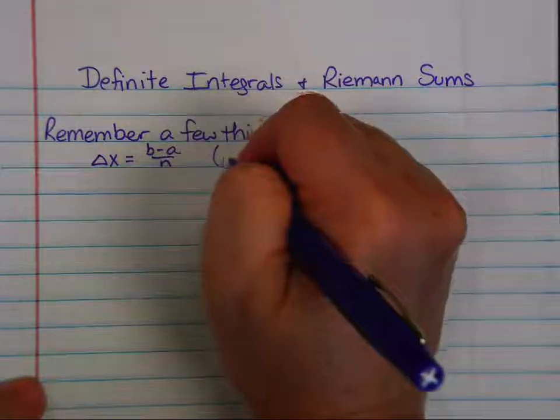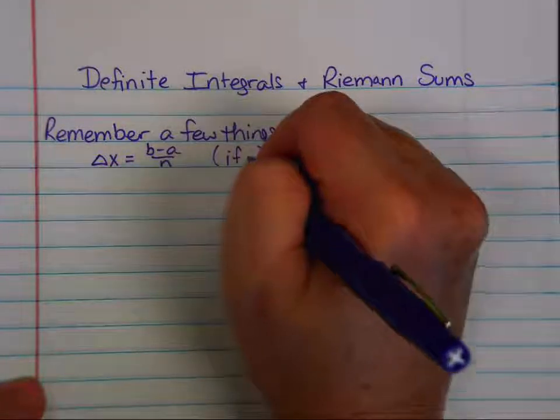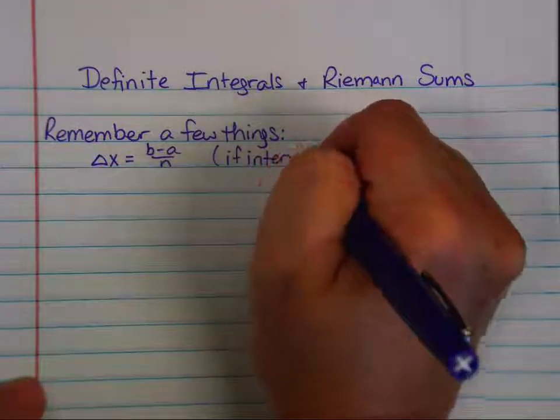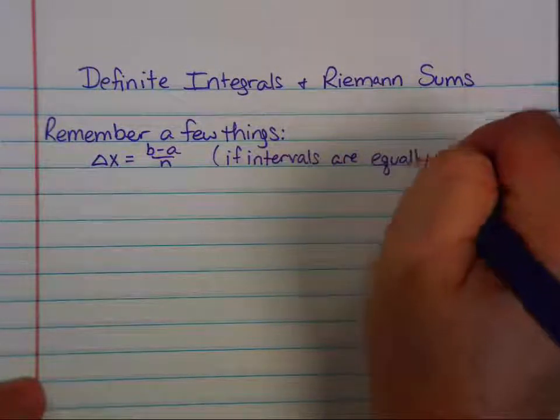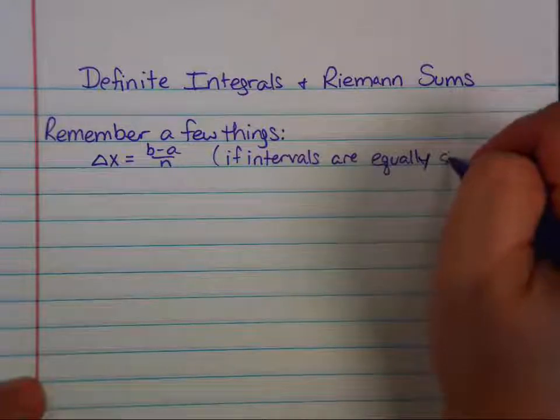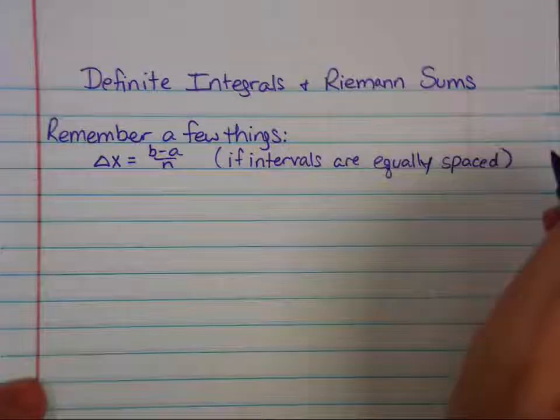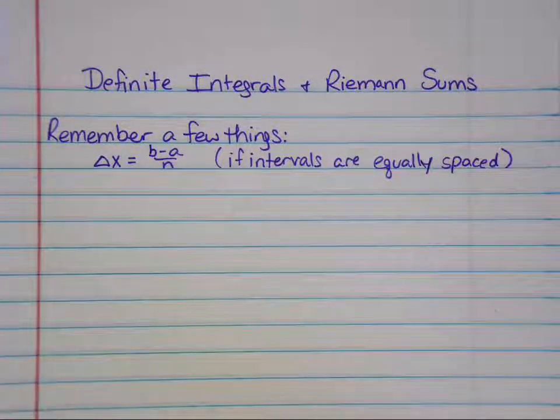And please put in parentheses if the intervals are equally spaced. It's something we talked about when you did the Riemann sums worksheet, but it's something good to remember now. The intervals have to be equally spaced, otherwise that delta x doesn't work. Today's they will be. So we're going to be using delta x quite a bit.